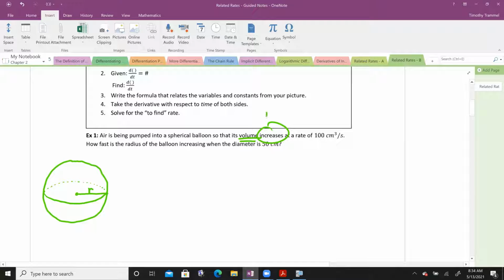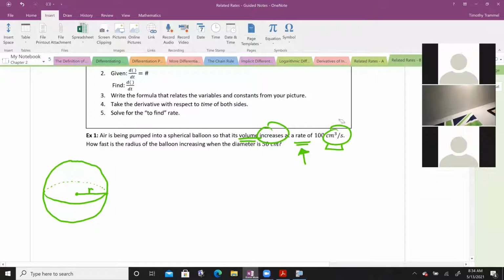Okay. So that means it's going to be positive, whatever this number is. And the word rate, again, this is a good indicator that we are talking about a derivative. Okay. Although the units are also a good indicator. These units are in a rate. Okay. Cubic centimeters per second.